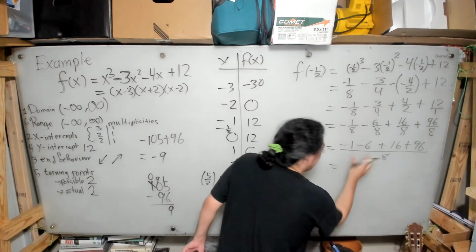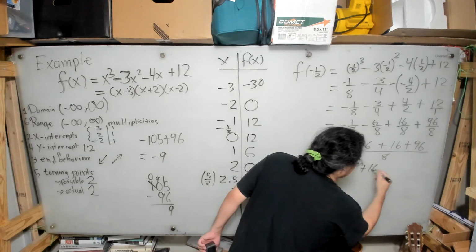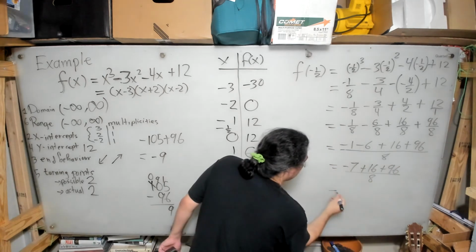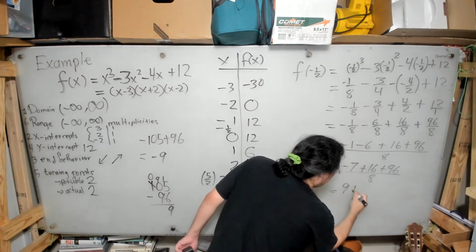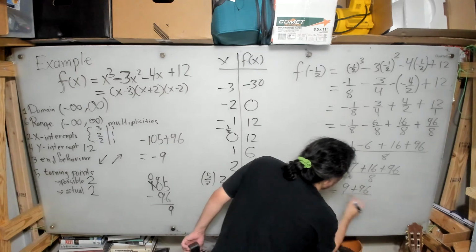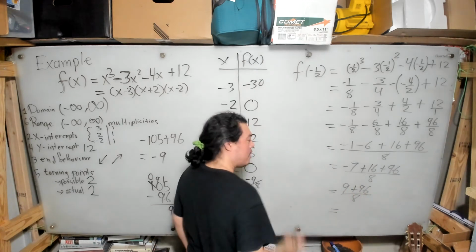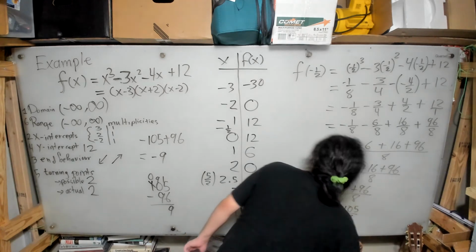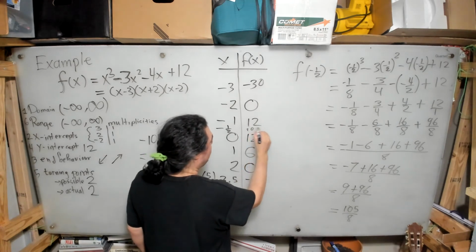Negative 1 minus 6 is negative 7, plus 16 plus 96 over 8. Then, what is negative 7 plus 16? That's going to be 9 plus 96 over 8. What is that? That's 96 plus 9, that's 105 over 8. Okay, and that's my value in between here. So 105 over 8.